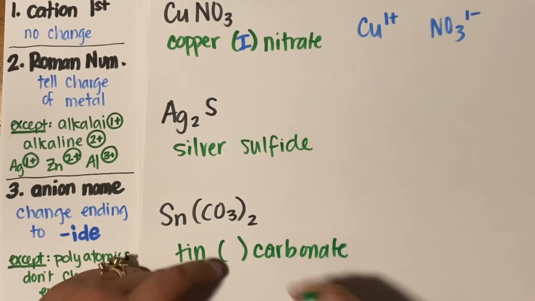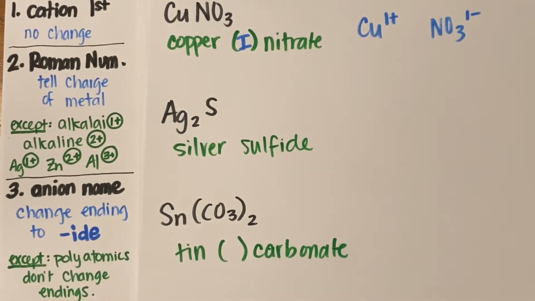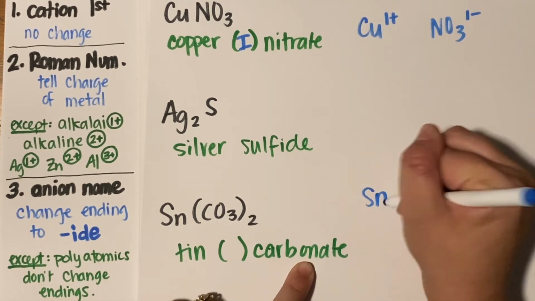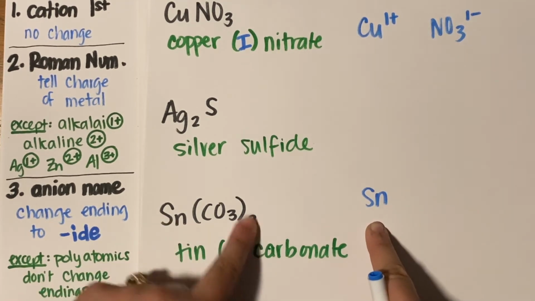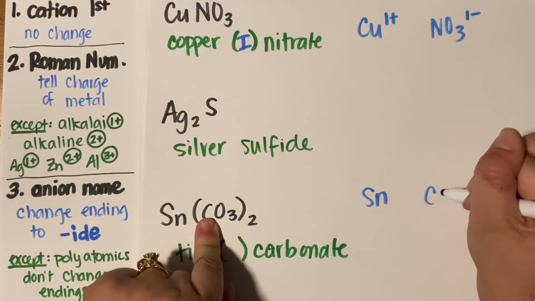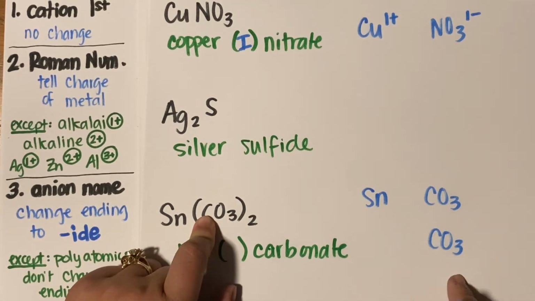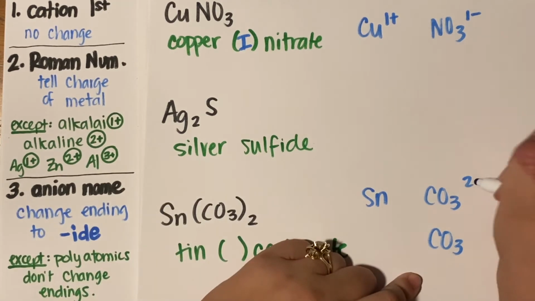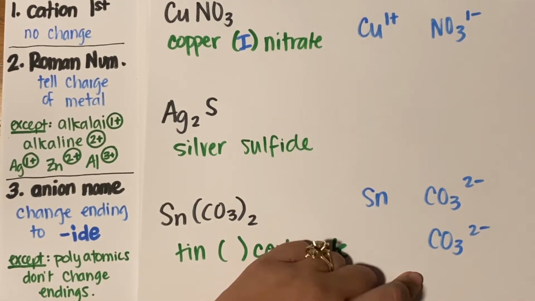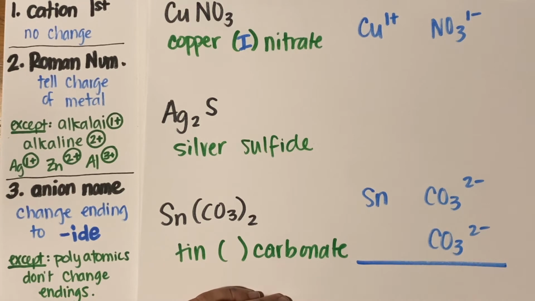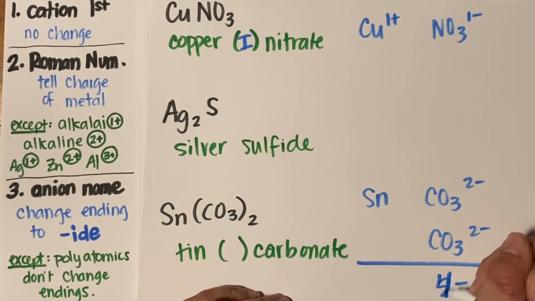All right, and now I need to figure out the Roman numeral. So I have 1 tin, and I have 2 carbonates, CO3. And if you remember, those CO3s had a 2 minus charge. Okay, so since there's 2 carbonates, that means there is a 2 times 2, oh my, math.